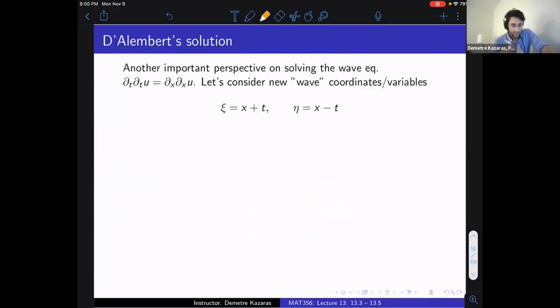Okay, but that's not necessarily the main focus that I want to take here. Let's take another look. So this is the second approach, the so-called D'Alembert's solution. We're still looking at the wave equation. Let's think of c as 1.